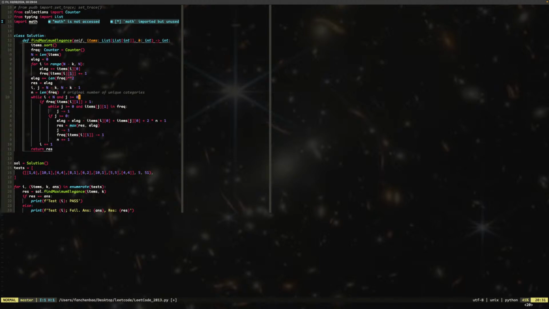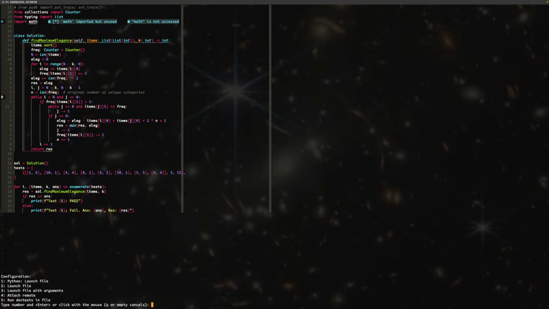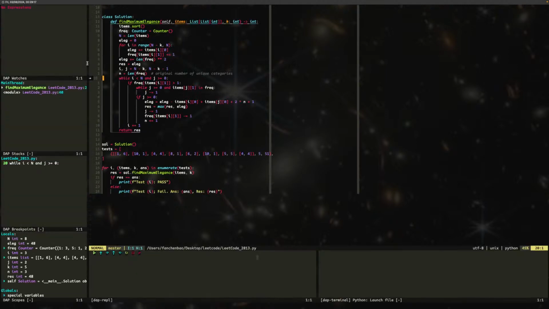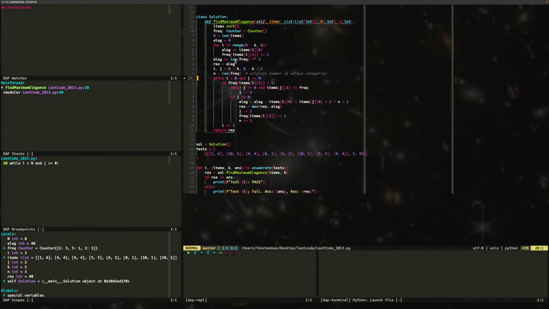Okay, so we put a breakpoint here. Save it. F5. Okay, move this one here. So where are we? We are here, and we have items sorted based on this.